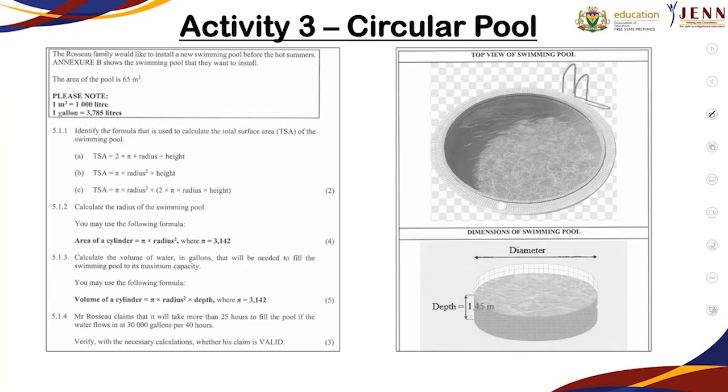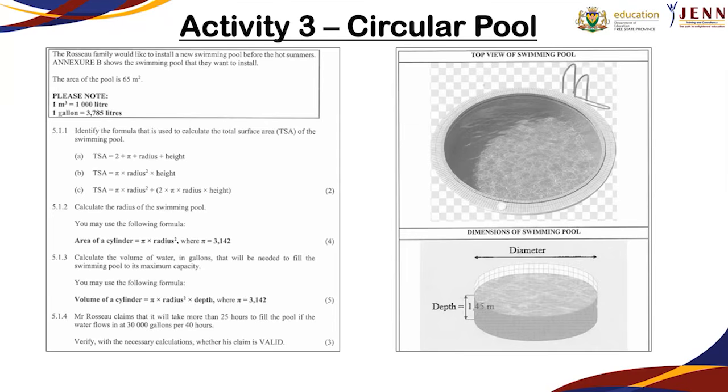Please note, 1 cubic meter equals 1,000 liters. 1 gallon equals 3,785 liters. Now remember when I said to you, whenever you get stuck, you must look at those please note, NB, and bolded statements. So that's the part I was talking about. So whenever you get stuck, you must please go to your note.